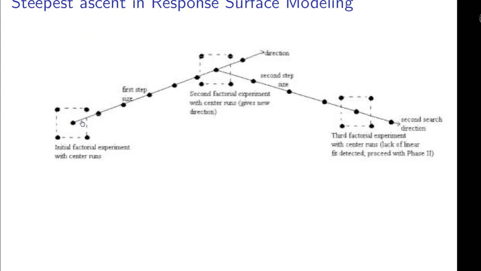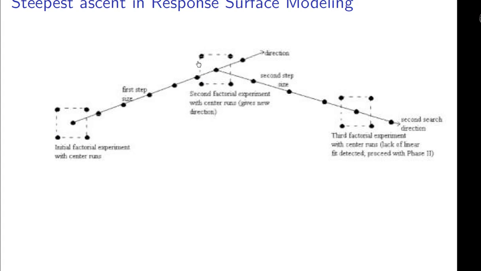Again, remember that the magnitude of these regression coefficients gives us some clue or some idea of the direction in which we can find the maximum. So we follow along the method of steepest ascent, and the step size along here, as you see, is dependent on knowledge of the process or some other practical method that the experimenter might choose.